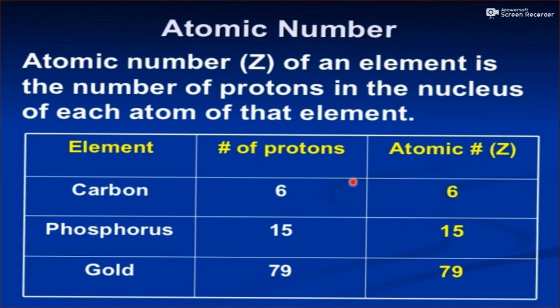So I think you can understand easily: if the number of protons is given to you, you can easily identify the atomic number, or if the atomic number is given to you, then you can easily understand the number of protons. And one more thing that I want you to remember: I am talking about an atom, the number of protons in an atom is also equal to the number of electrons.